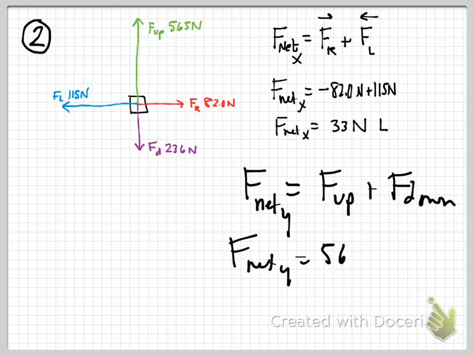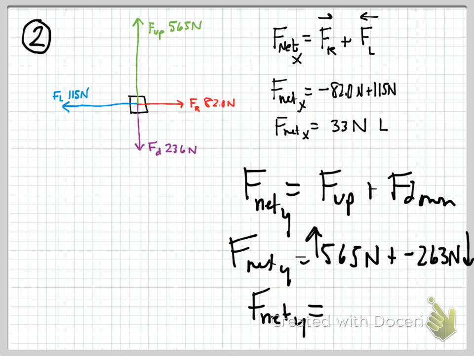So 565 newtons up, plus negative 263 newtons down.